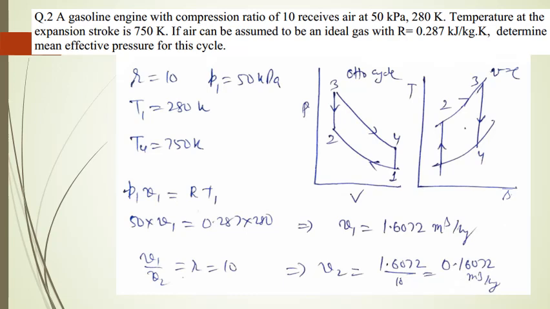So the value of specific volume at 1, that is V1, comes out to be 1.6072 meter cube per kg. Since compression ratio is equal to 10, V1 upon V2 is equal to R, that is equal to 10. So the value of V2 comes out to be 0.16072 meter cube per kg.